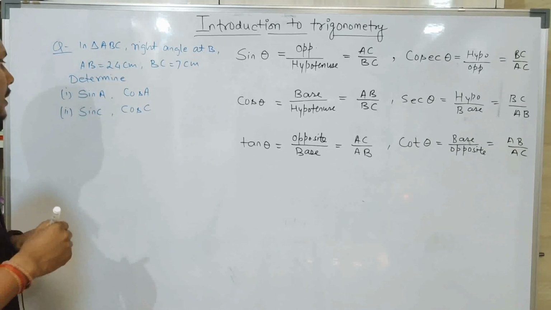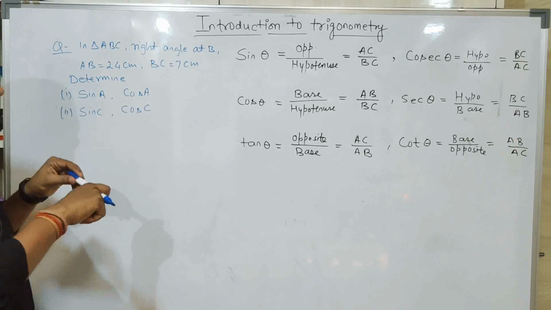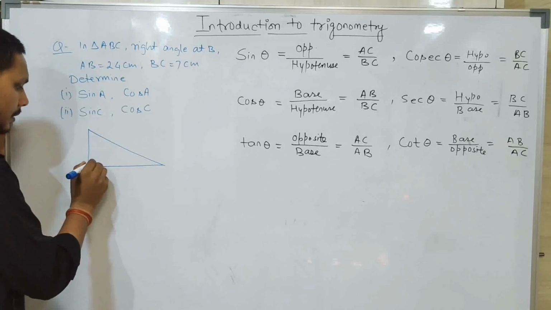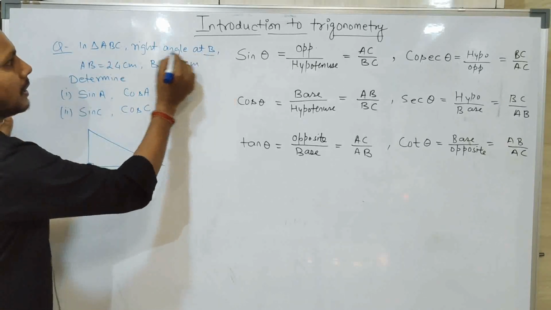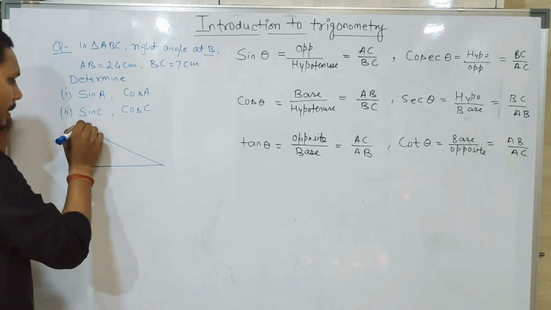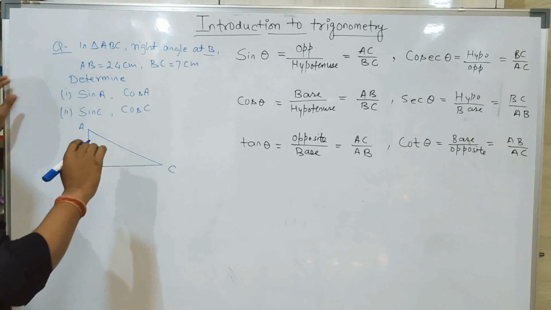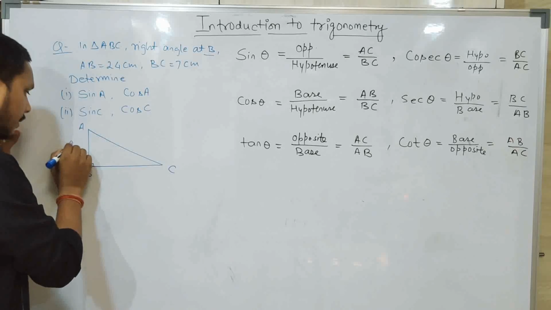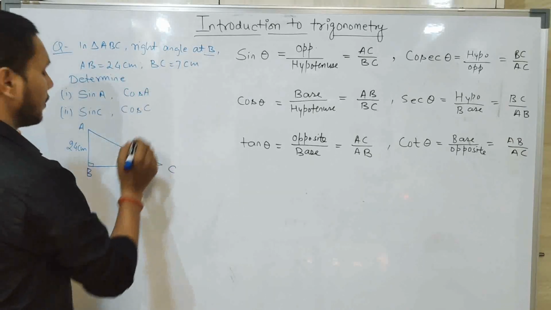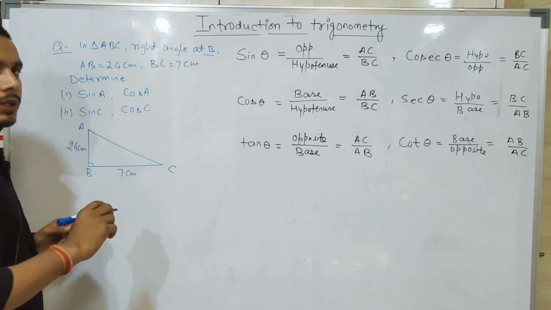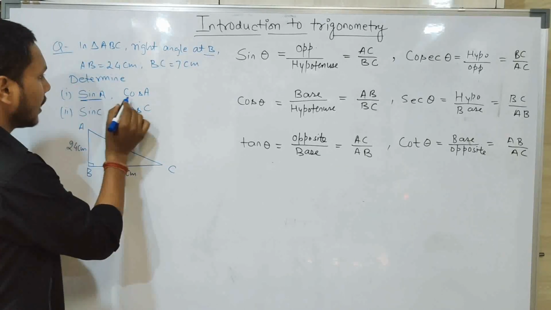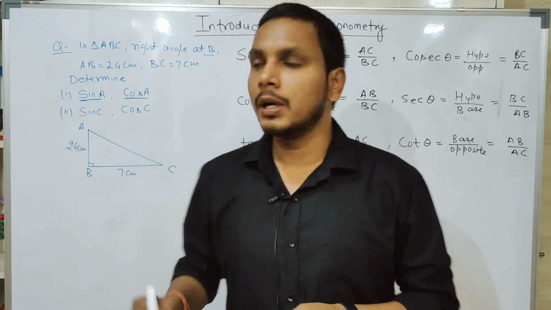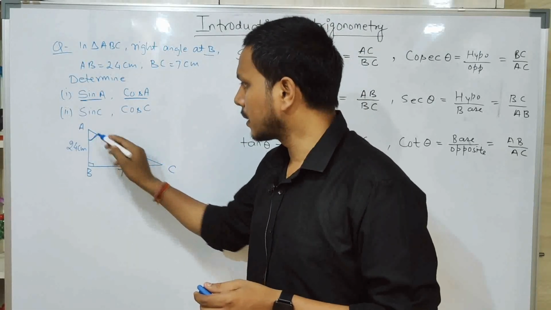Determine sine A, cos A, sine C and cos C. First of all we will draw the right angle triangle, where B is a right angle, with A, B and C. AB is 24 centimeter and BC is 7 centimeter, and he is asking about sine A and cos A, meaning find the sine and cos values according to angle A.